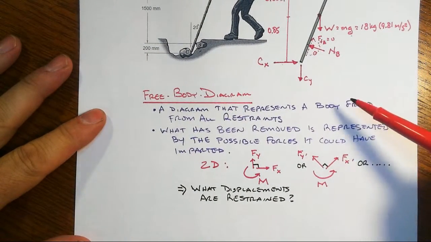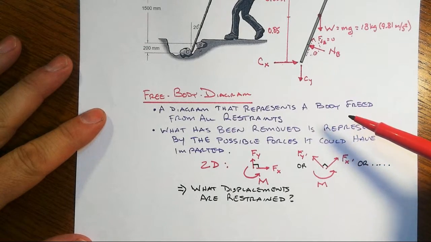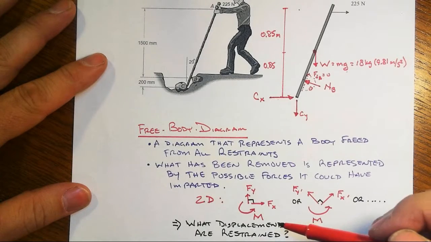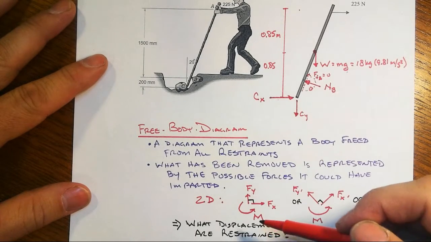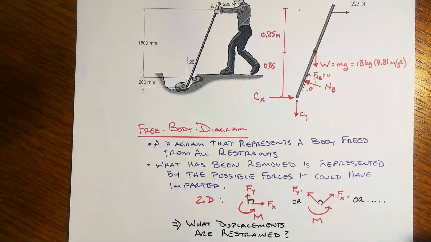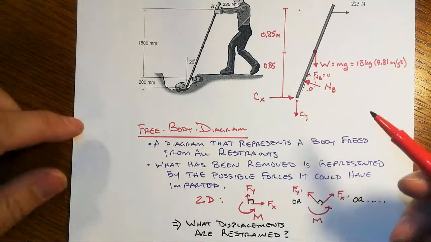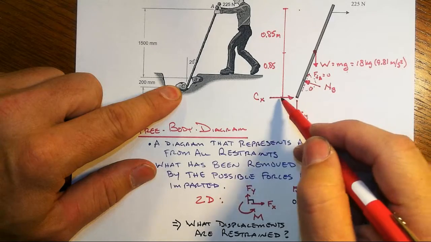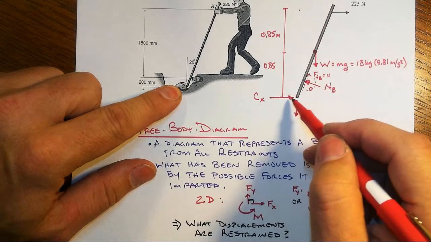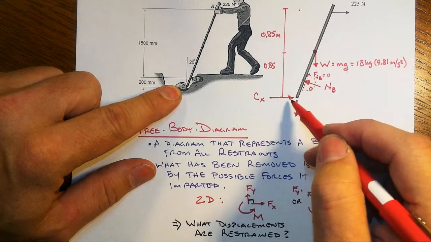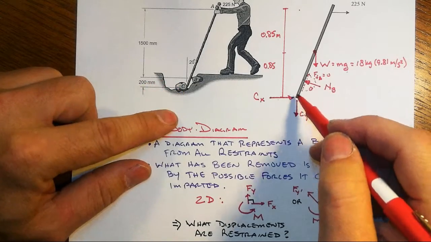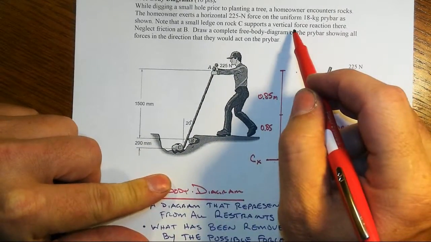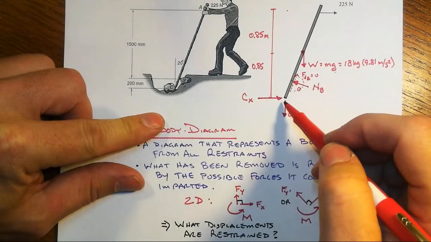Let's go back. The whole point of this was to get in more detail about free body diagrams and this key idea of what displacements are restrained in some sense. They don't have to be 0, but what are they? What are the restraints at C? That rock is going to restrain some of the displacement or translation in the x direction. We're told that it can also do something with the y, because there's a capability of a vertical force reaction there.